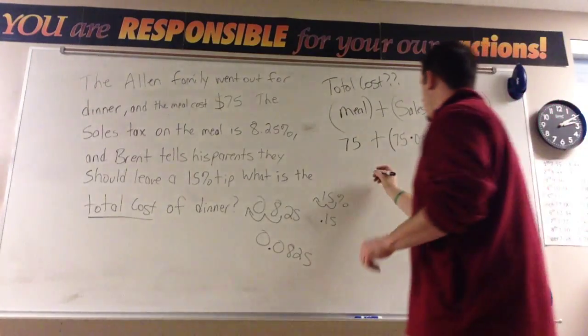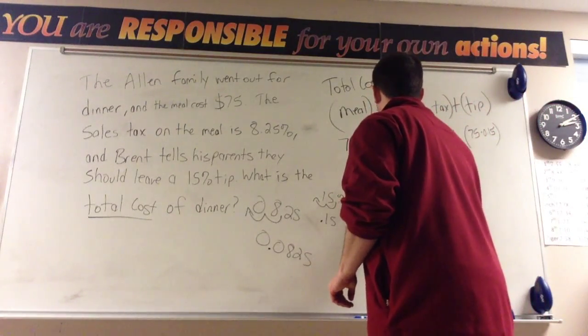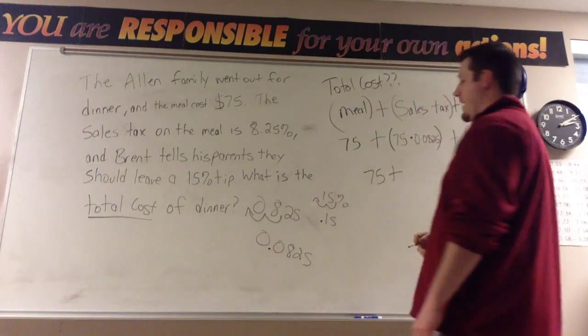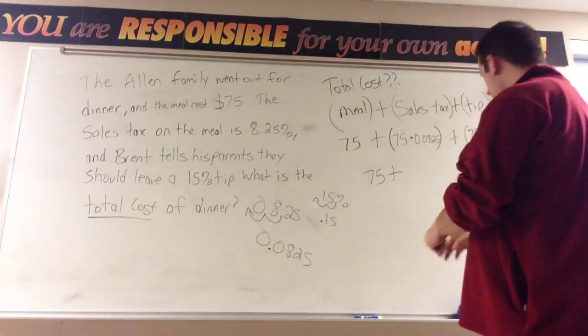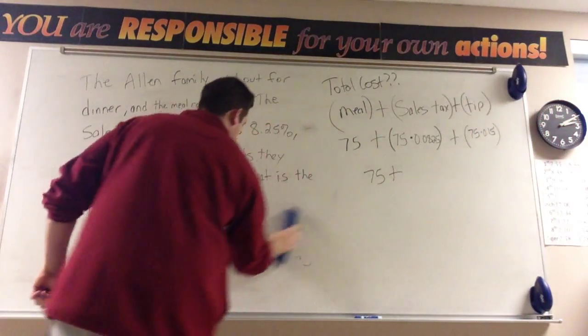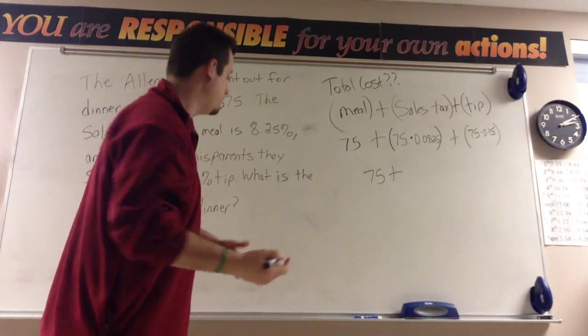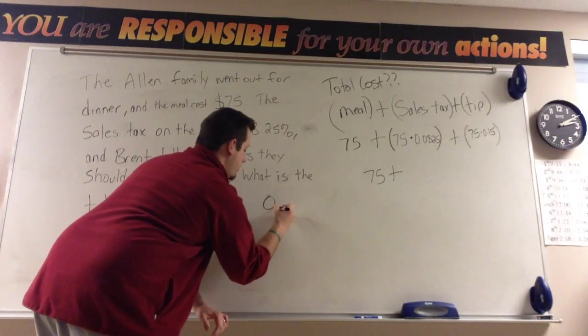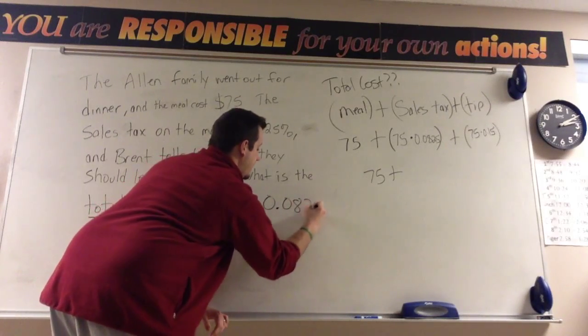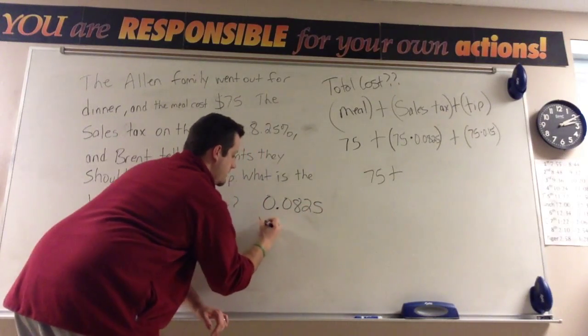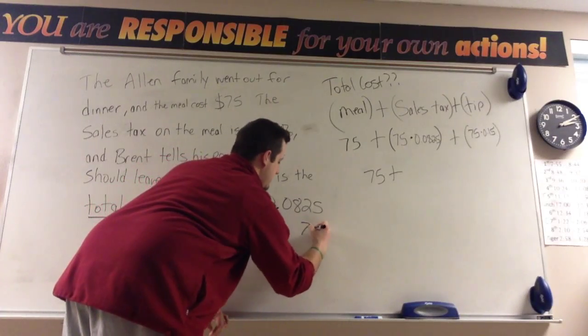Now, per usual when you're watching my videos, I try not to do the actual multiplication steps. So what I'll do here, it's kind of a little extra. Well, not really extra, I just want to quiz you, truth be told. 0.0825 times 75.